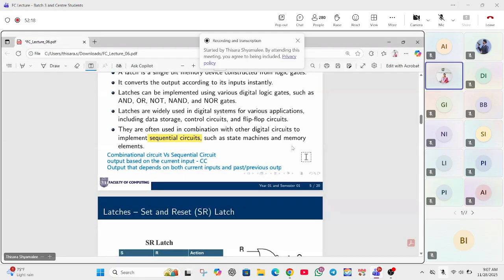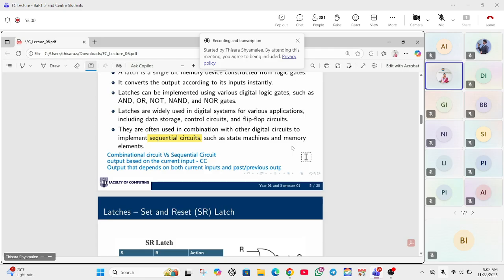How is this sequential circuit going to access the previous output? Because the sequential circuit has a memory element, it stores all the previous outputs there. Therefore, the sequential circuit is based on both the current input as well as the previous output, because of the memory element. But the combinational circuit has no memory element, therefore it only depends on the current input.